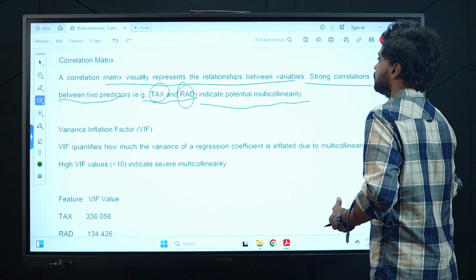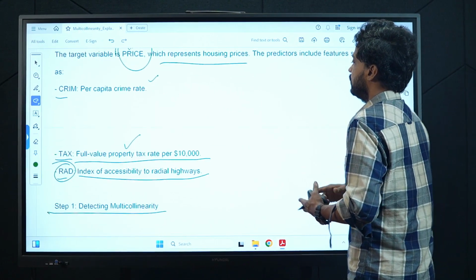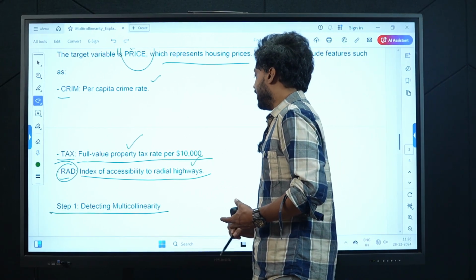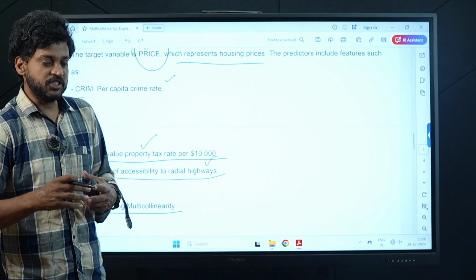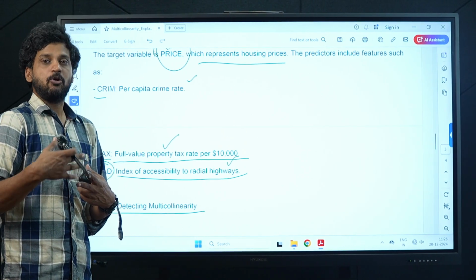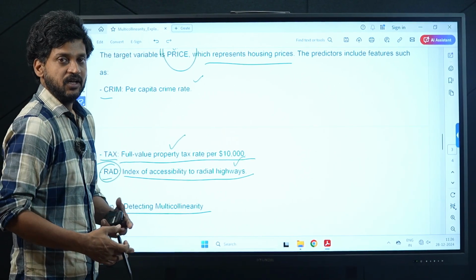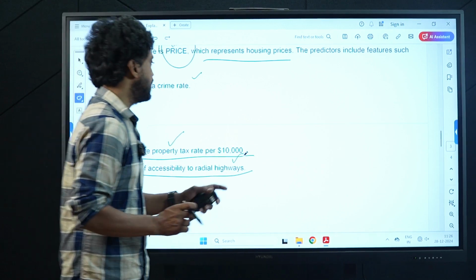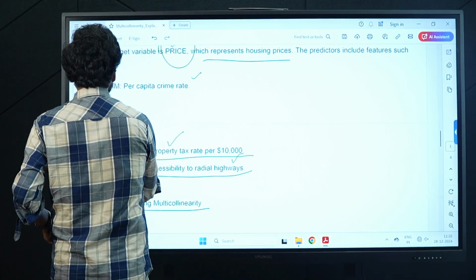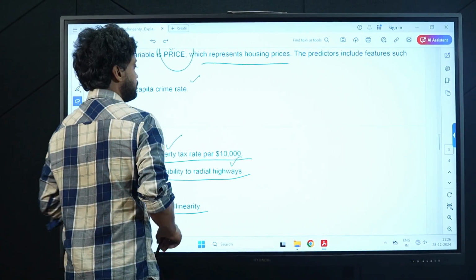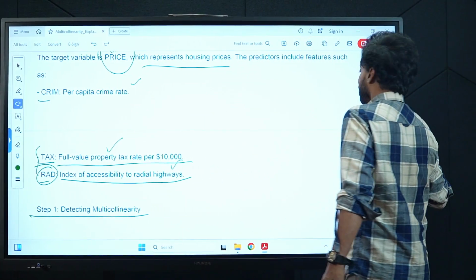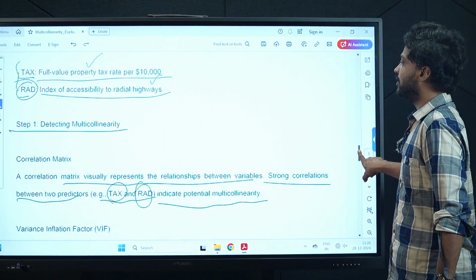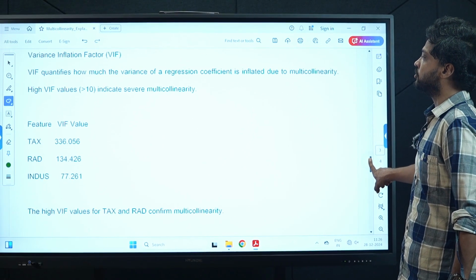RAD is what we just discussed: the index of accessibility to radial highways, that is, how close our property is to the highways. Both go hand in hand. Let us say RAD is directly proportional to the tax, or tax is directly proportional to RAD. That makes RAD and TAX, like X and Y, highly related with each other.